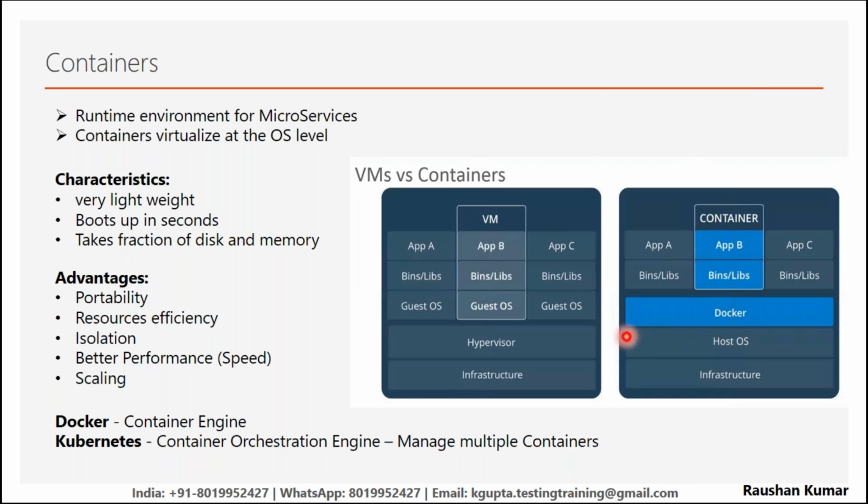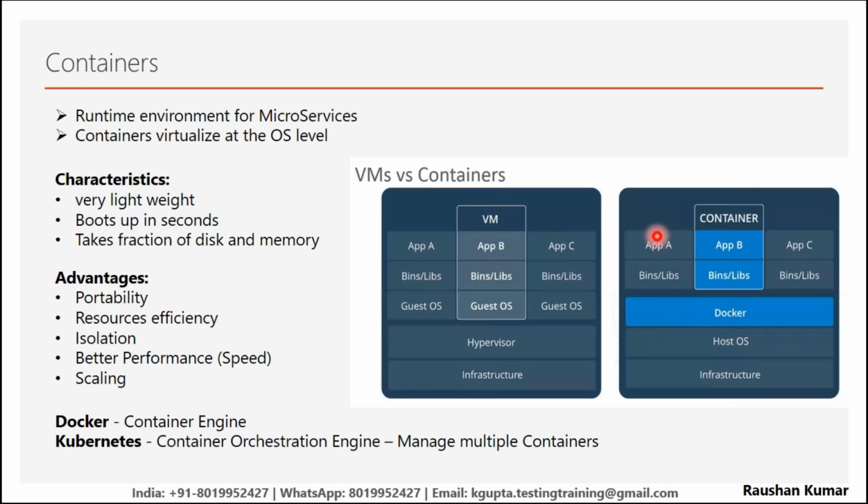What about these containers? You can see here, this guest OS is not here. On top of this host OS, we install this Docker engine, right? Docker is one of the container engines, a popular one. There are other container engines as well, but Docker is the most popular. You install this Docker engine here, and you just need the binaries and libraries, and then your system is up.